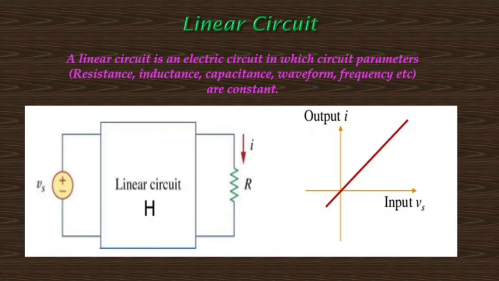Example, an electrical circuit with a conductor. Here a power source is connected with resistor R. If there is a regulating system, then it can be observed that current through the resistor is proportional to the supply voltage. Hence, the circuit is said to be linear.